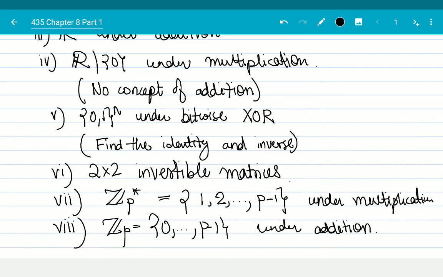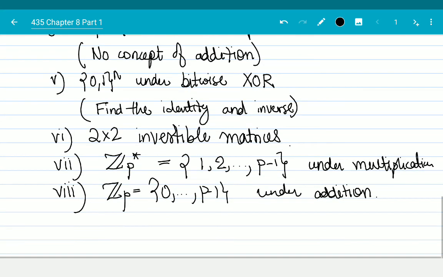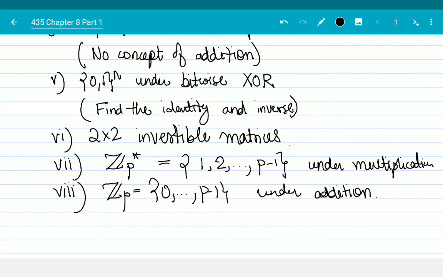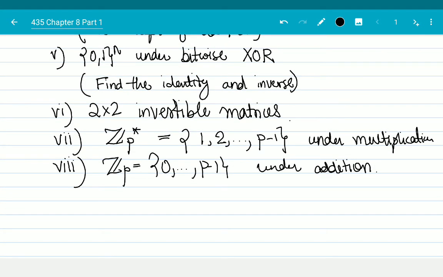Both of these were introduced when we looked at affine ciphers, right? And so these are also groups.